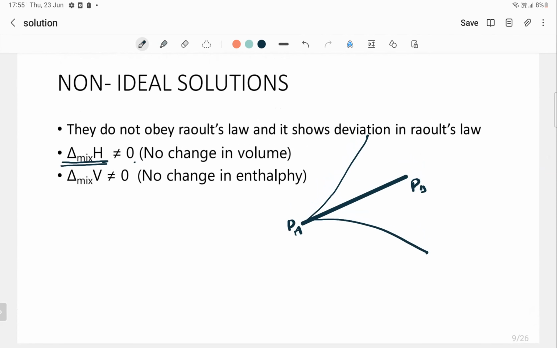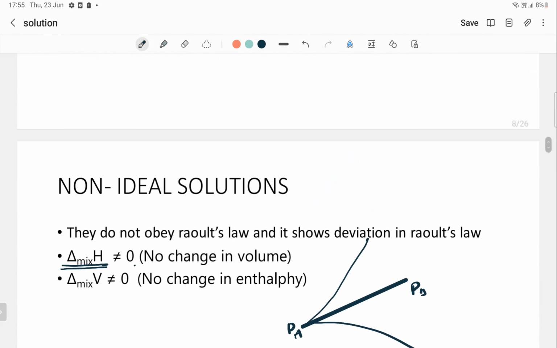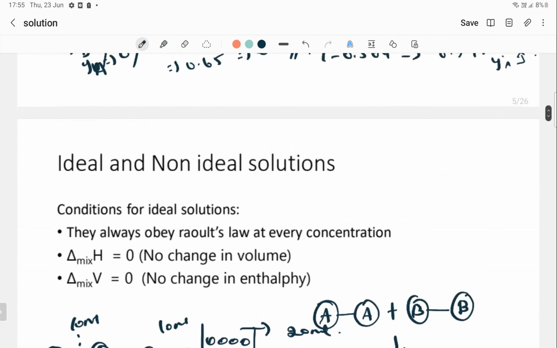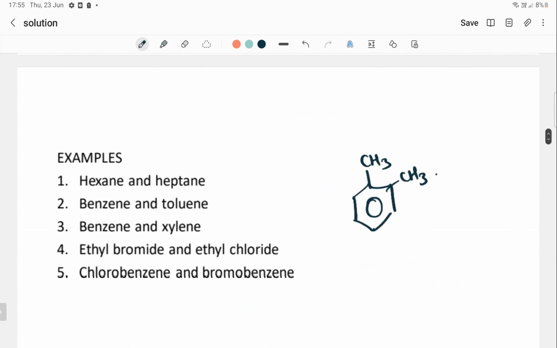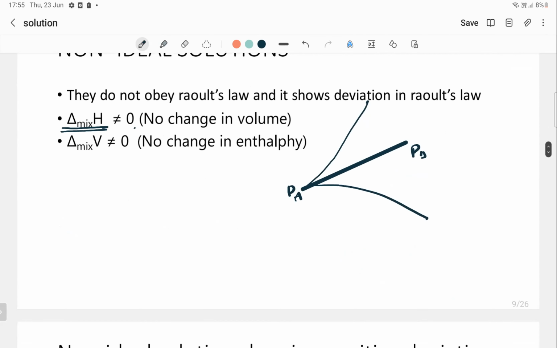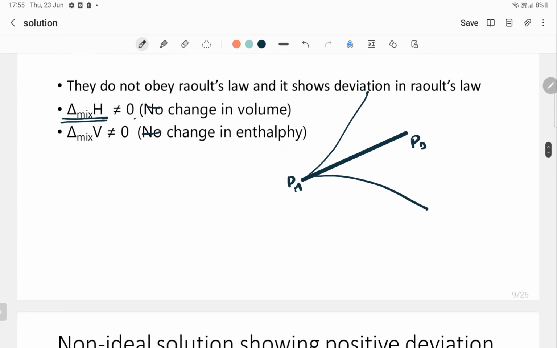Both change in enthalpy and change in volume will be there, because in ideal solutions everything will be equal. Whatever you take, your solute and solvent, both of them together will be equal to the solution.